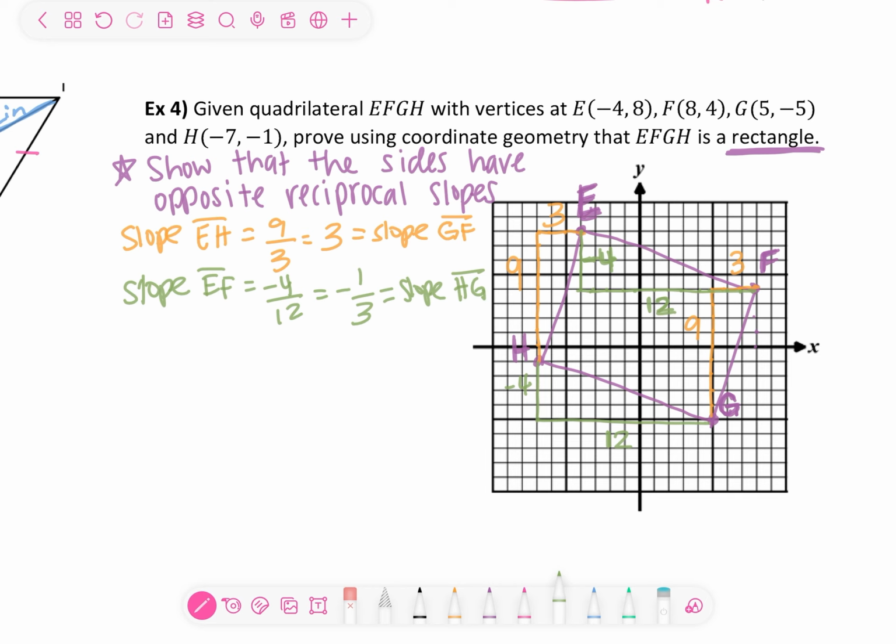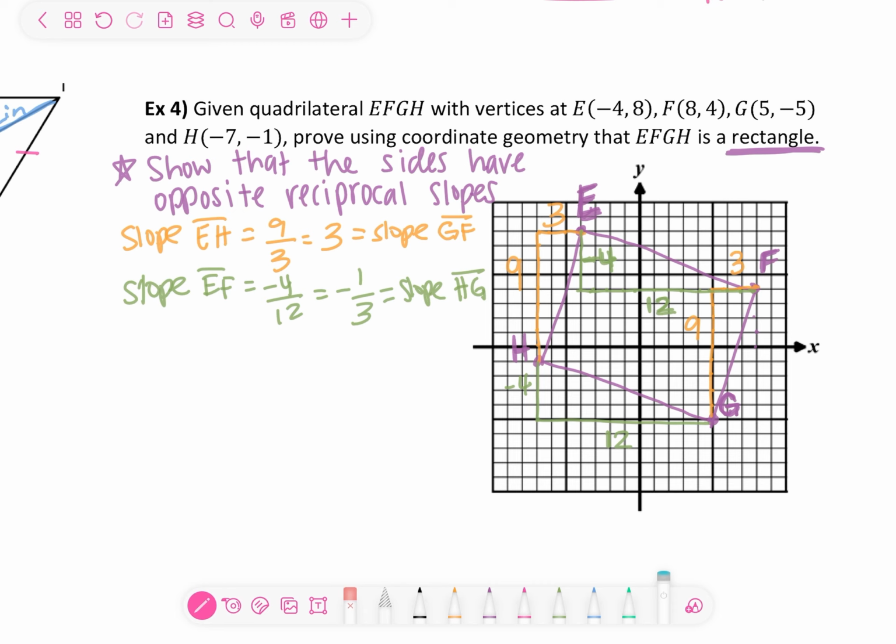So those slopes are the same. The slopes of EH and FG are the same, not vertical, but closer to vertical, and the same is true for EF and HG. Now we can summarize the fact that those are right angles all at the same time.